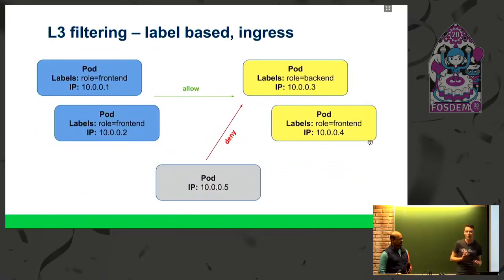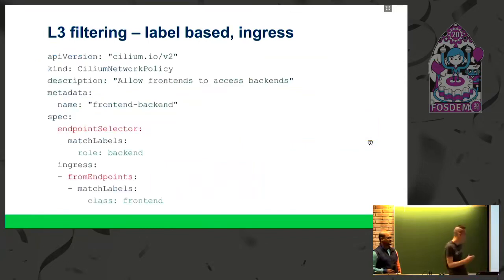And let's talk about packet filtering right now. Kubernetes already provides by itself the abstraction called network policies, which applies on layer 3 and layer 4. One of the forms of L3 filtering is label-based ingress filtering. Let's imagine we have two kinds of roles in the cluster, front-end and back-end pods, and you can allow only front-end pods to connect to back-end, but deny everything else.